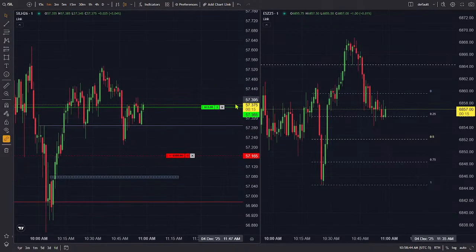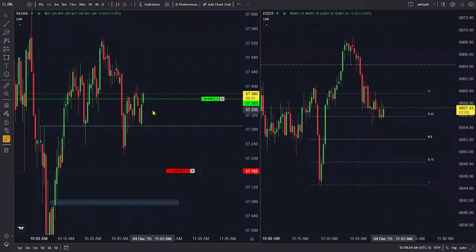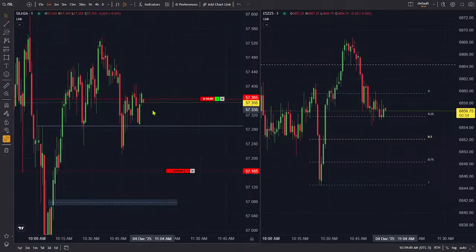So silver could be just ranging here, but it pulled away. Volume imbalance to the downside, volume imbalance to the upside, creating another fair value gap here on top of that one. This could be it. If it is, we should see the equities going up here with it, wick into that volume imbalance and then go higher.